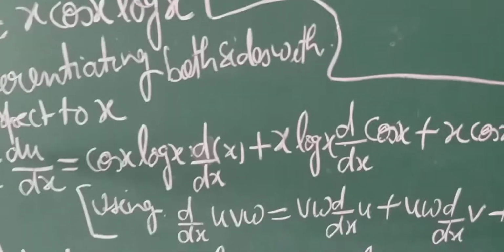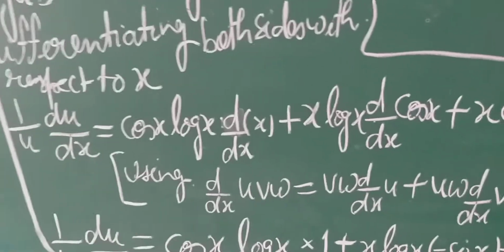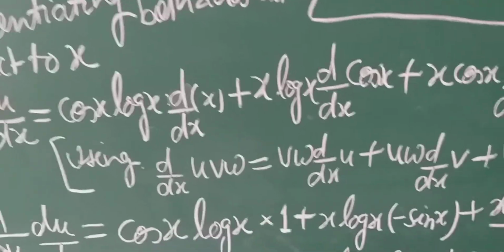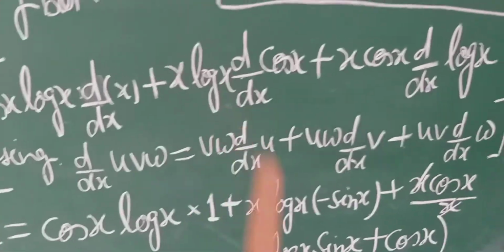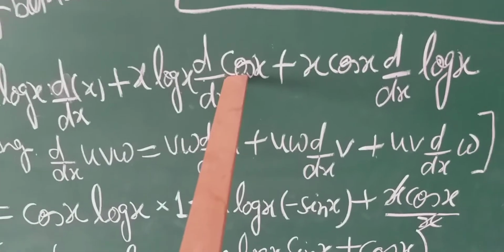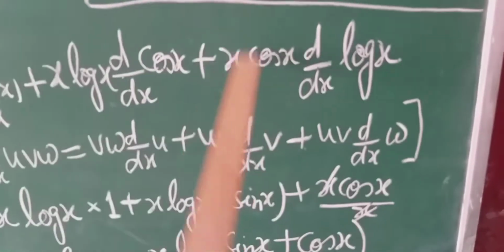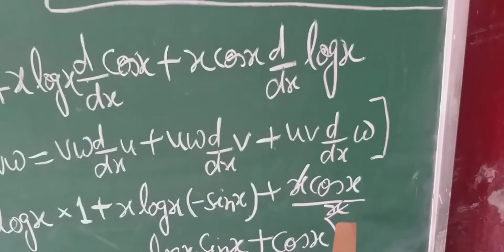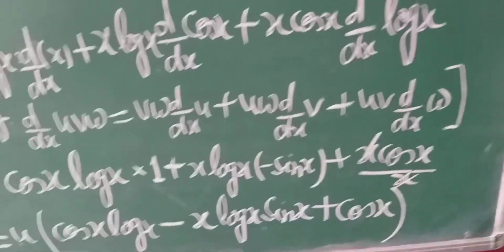So now it will become 1 upon u du upon dx equals cos x log x as it is, x differentiation 1, x log x differentiation of cos x is minus sin x, x cos x derivative of log x is 1 upon x, and x is cancelled here.